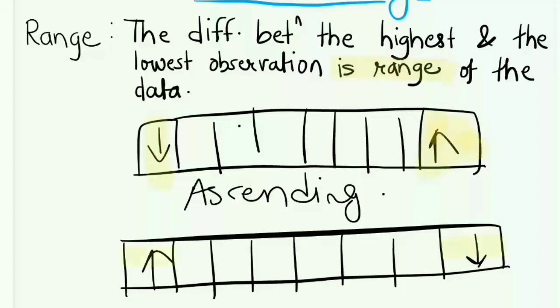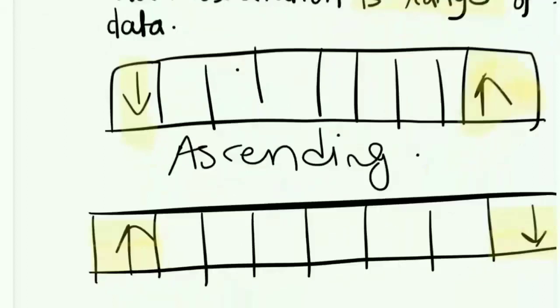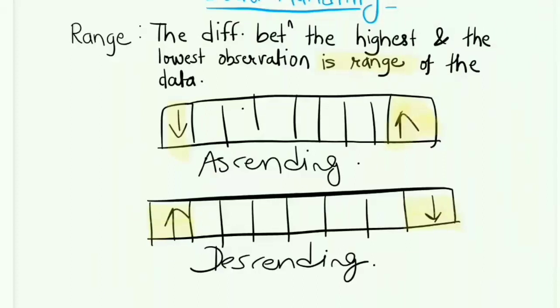This value subtracted from this value will give us the range of this data in case of descending arrangement. So you will first arrange the given data and then you will calculate the range.